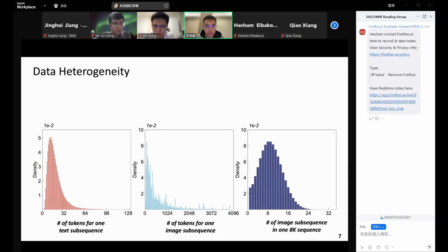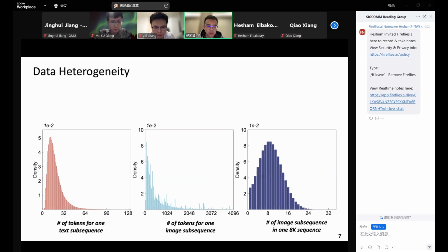These plots show the distribution of data size within a typical multimodal training corpus from LAION. As you can see, in the first and the second chart, the distribution for text-image sequences is highly skewed. The vast majority are very short, which is shown on the left part, and the minority are very long.